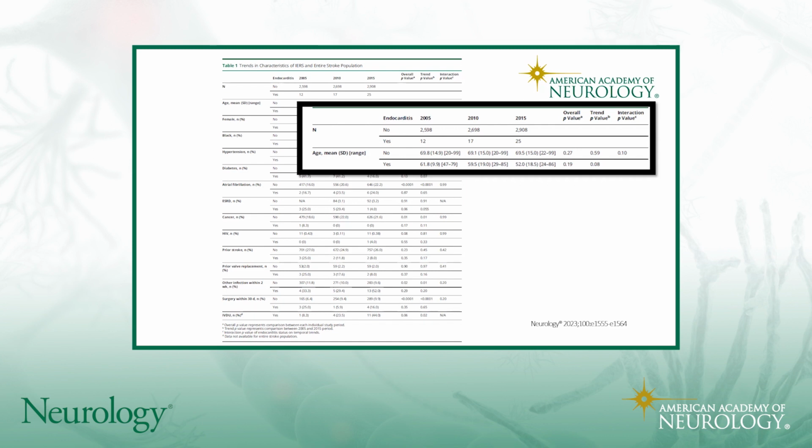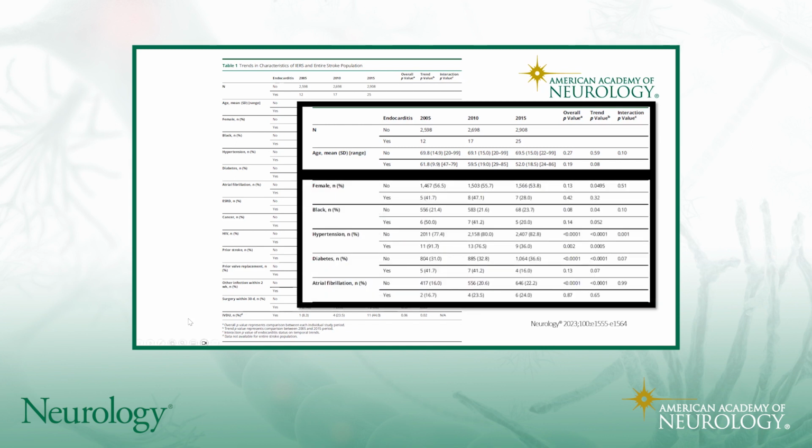There were fewer infective endocarditis-related stroke cases associated with hypertension over time, from 91.7% in 2005 to 36% in 2015, but significantly more IV drug use in this group, going from 8% in 2005 to 44% in 2015.